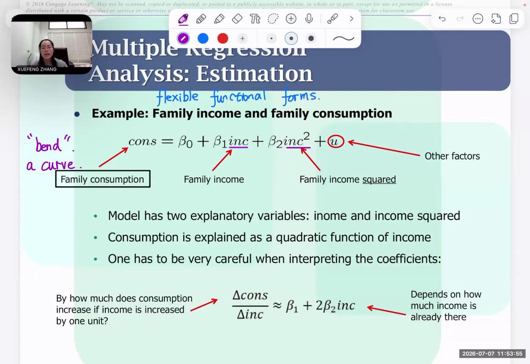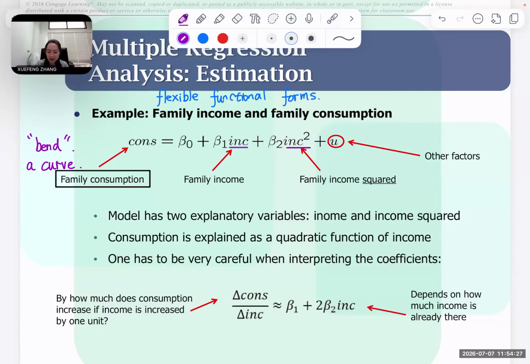This is what I mentioned to you yesterday, right? So think about the asymmetric effect. We have low income families and also high income families. Of course, the effect of an extra 1,000 baht is different for low income and high income, okay? So we need to consider the squared term.